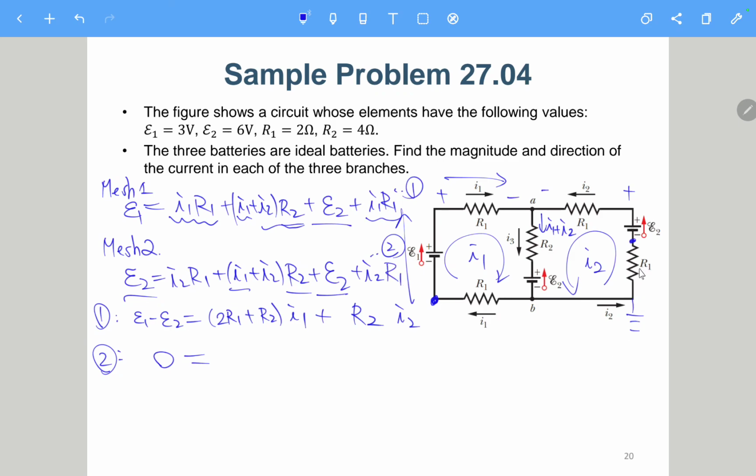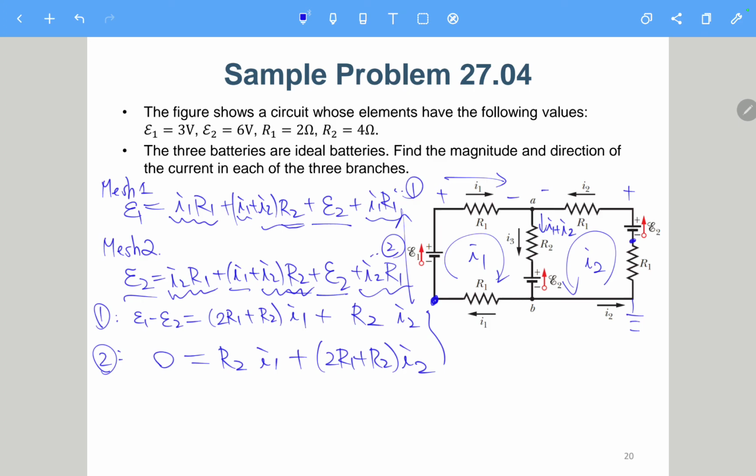So we only have this I1 on the right side, which means we have R2 I1, and then plus, this is I2 and also I2, so altogether we have 2R1 plus R2 multiplied by I2. In that case, we have two unknown variables, I1 and I2, and two equations, so we are able to solve for I1 and I2.